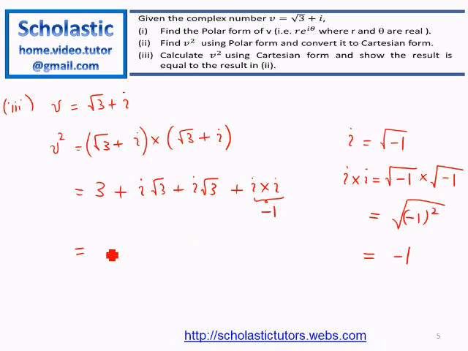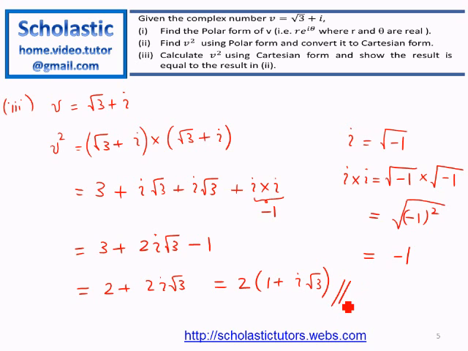Therefore the answer is 3 plus i root 3 plus i root 3, which is 2i root 3, and this one becomes negative 1. So that means 2 plus 2i root 3. You take 2 out, it becomes 1 plus i root 3. This is the same answer we obtained in part 2 before. That's what we had to prove here, so we proved that.